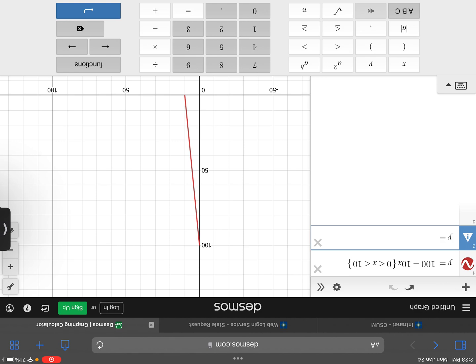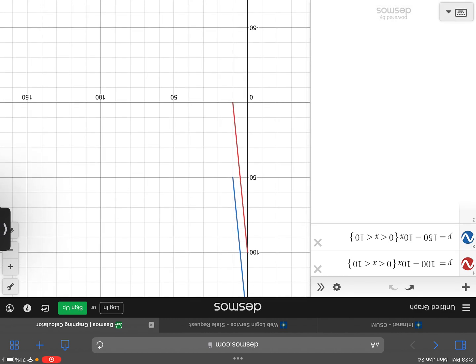And then we have y is now 150 minus 10x, 0 less than x less than 10, which is exactly what we had.